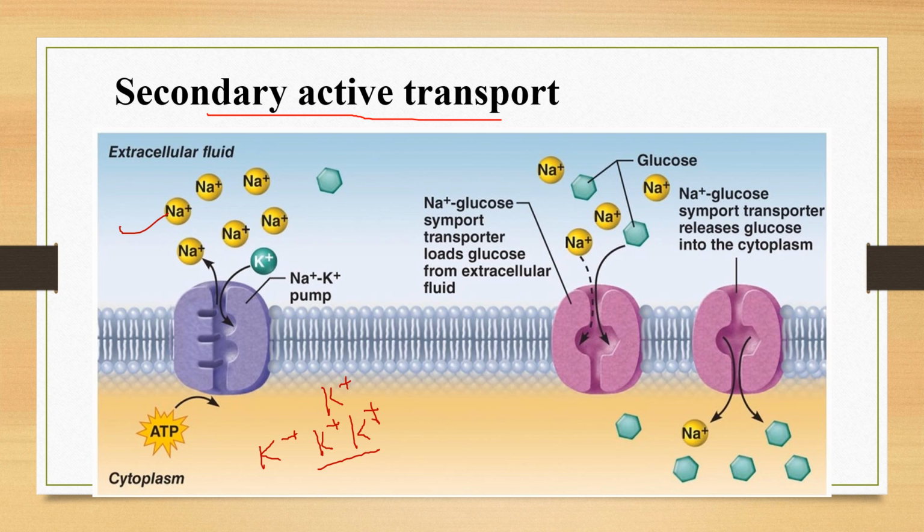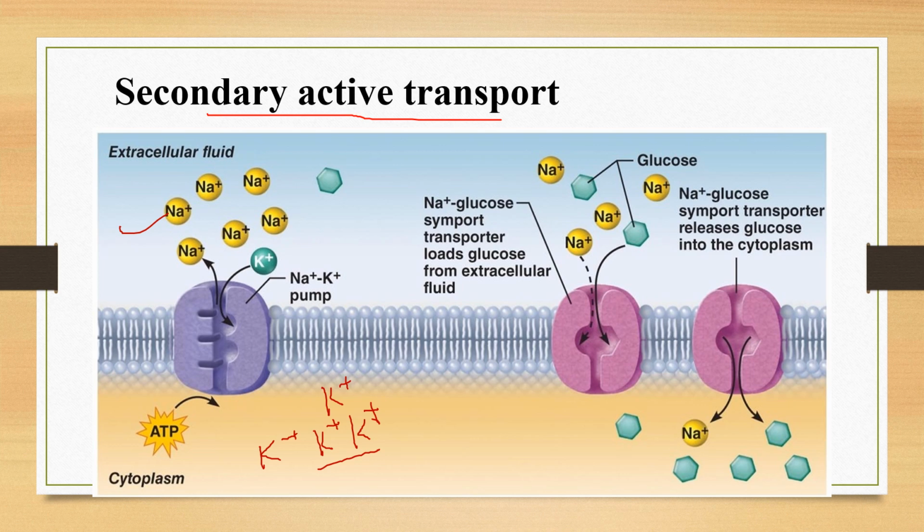So you know sodium ions are very important. Now there is a process of secondary active transport. According to the secondary active transport, there is another pump present which is called the sodium.